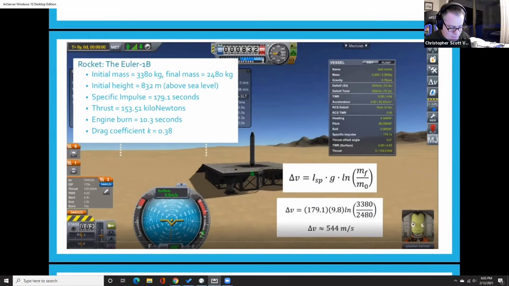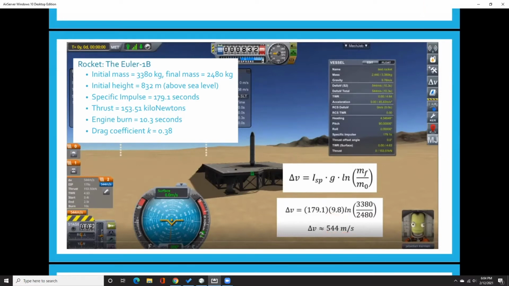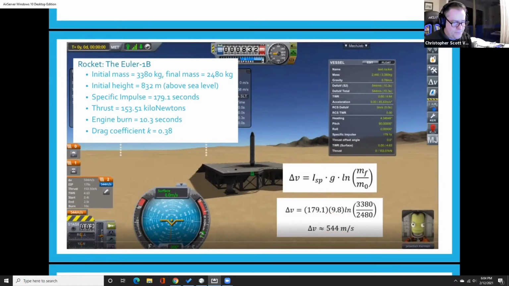I know that you might be wondering, well, I see the gravity number right there, but this is a kind of conversion factor. This is a number that represents the change in the speed without gravity and without air resistance. And it's estimating 544 based on the given numbers we have right there, right?